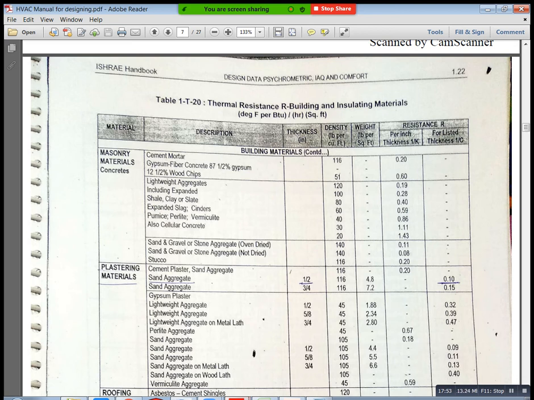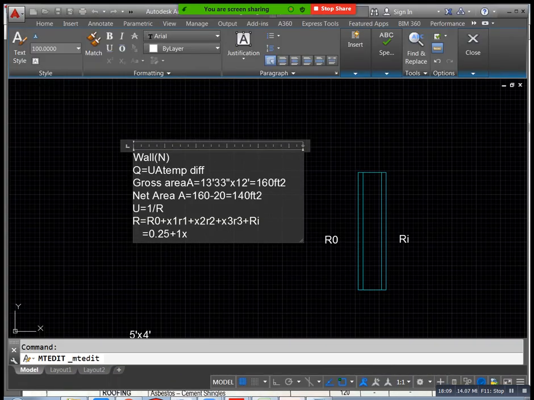Now you can mention plus X2, 6 inch thickness into 0. How much? Again we need to consider our brick. Now this brick we have is 6 inch. How can you take that brick value? You can go here. Where is our brick?